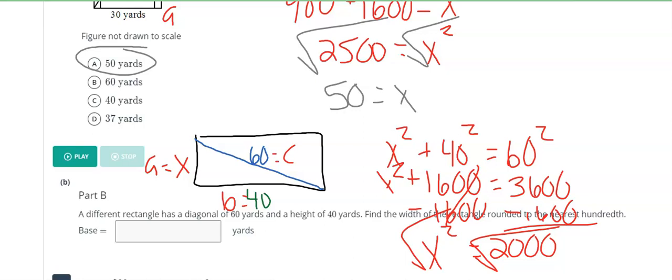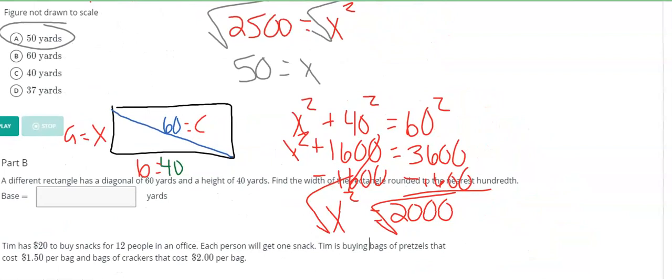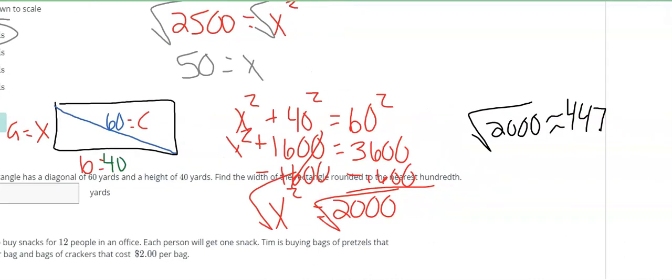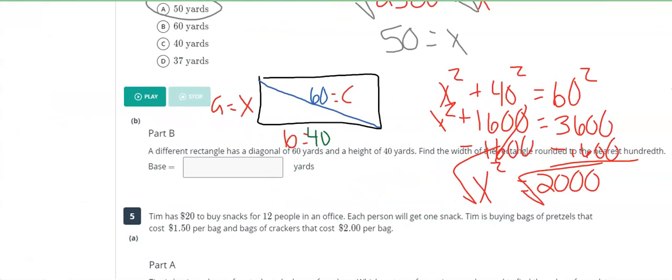The square root of 2000 is approximately 44.721. But the problem says round to the nearest hundredth, so that would be 44.72. So I'll put that here.